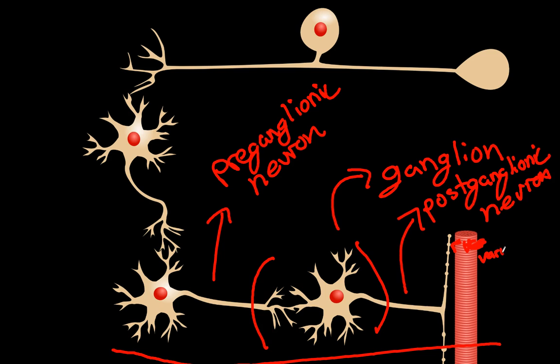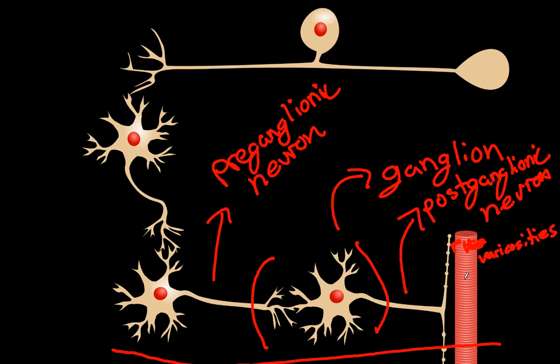Let's see if I can spell it. Varicosities. Each one of these can release neurotransmitter onto the effector organ and have some sort of effect on it. And this means that we can have more widespread effects than a single axon terminal synapsing onto whatever organ we're talking about.